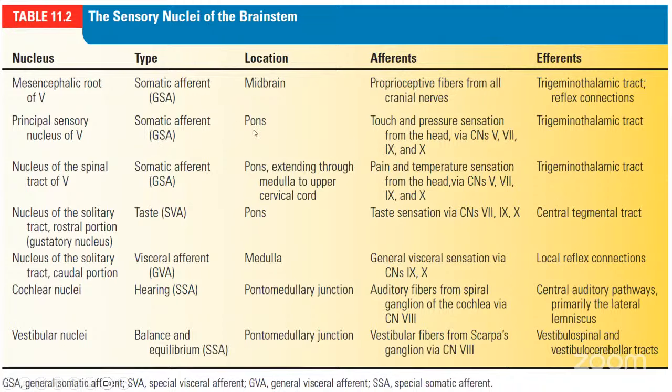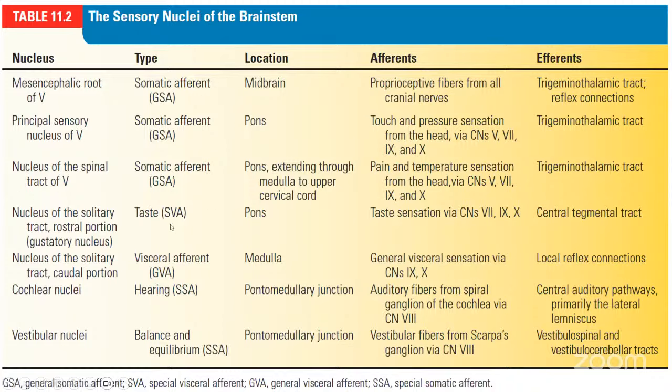This is present in the pons, and it helps in touch and pressure sensation from the head via cranial nerve 5. The nucleus of the spinal tract of 5 is also general somatic afferent, present in the pons, extending through the medulla to the upper cervical cord. This carries pain and temperature sensation from the head via cranial nerves 5, 7, 9, and 10. These two are also called the trigeminothalamic tract.